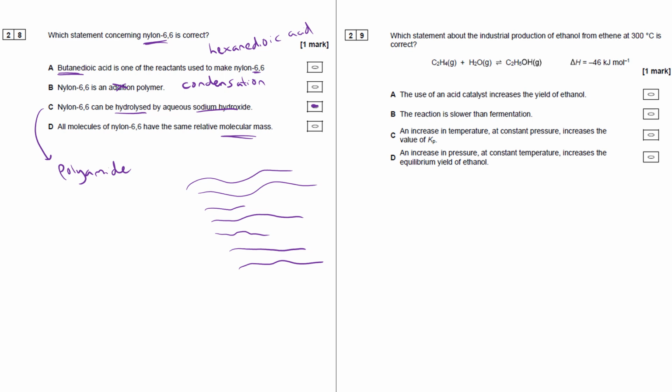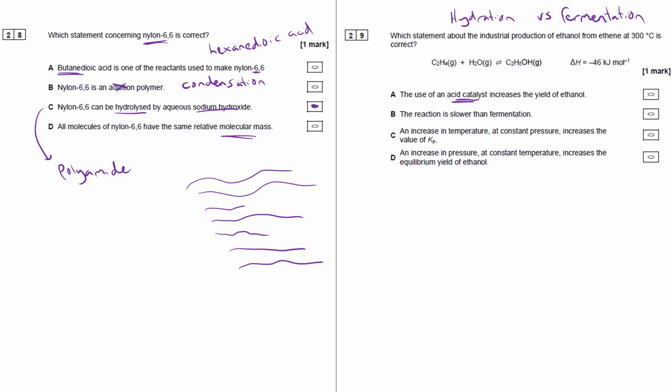Question 29. Which statement about the industrial production of ethanol from ethene at 300 degrees is correct? This is the hydration of ethene to make ethanol. Remember, there's two methods to form ethanol that you need to learn. One is hydration, one is fermentation.